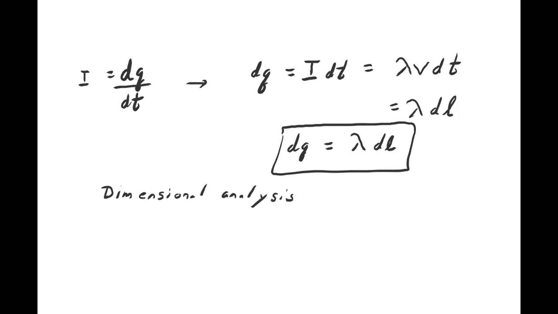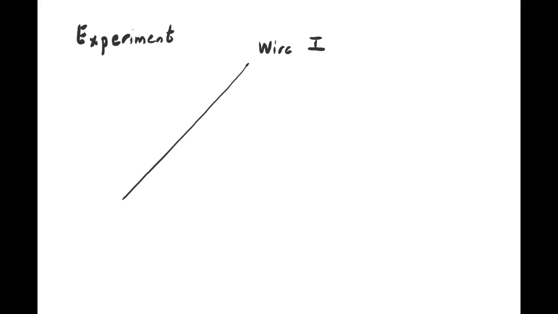Okay, so I've got this formalism set up, so let me do an experiment. I'm going to have a wire, which I'll call wire Roman numeral 1, and through that wire there's some current. And remember I said current is a vector, so I have to specify the direction.